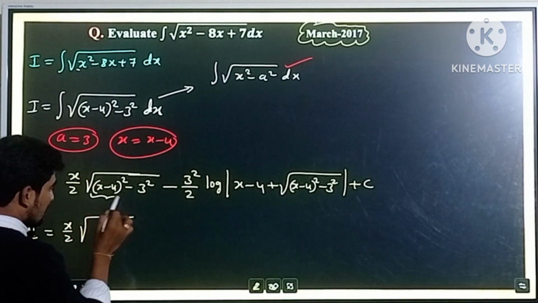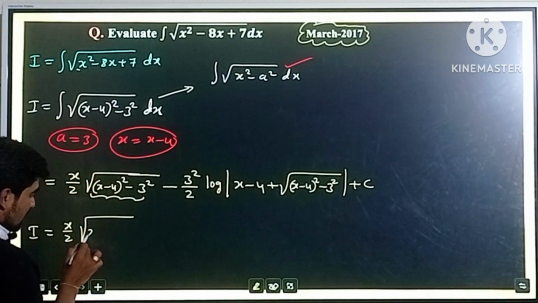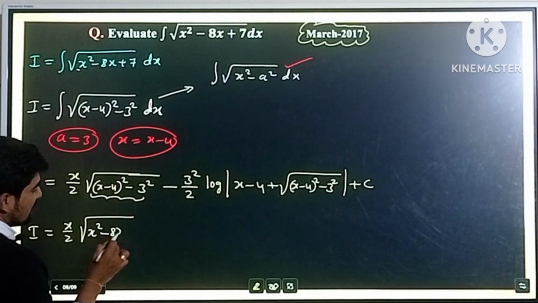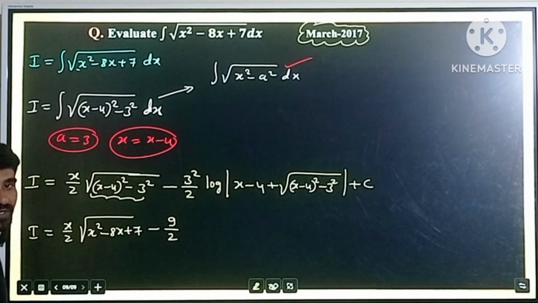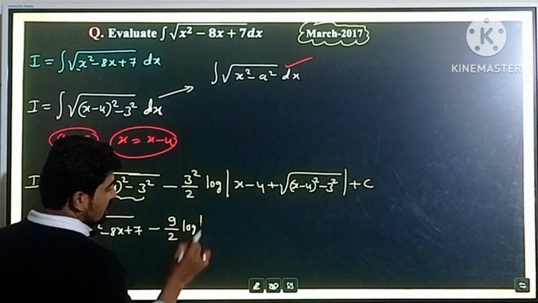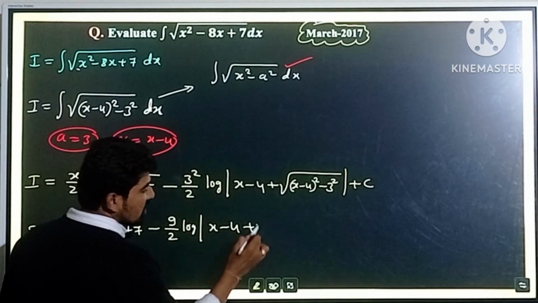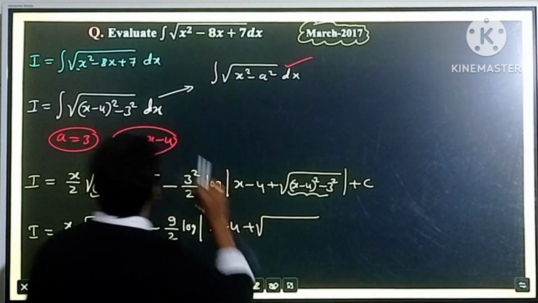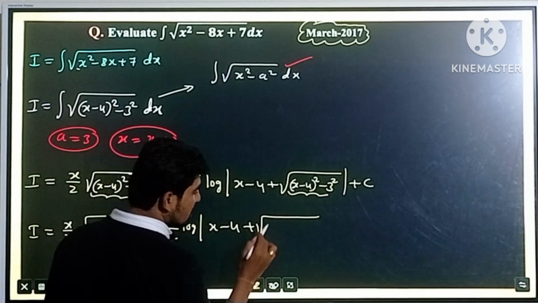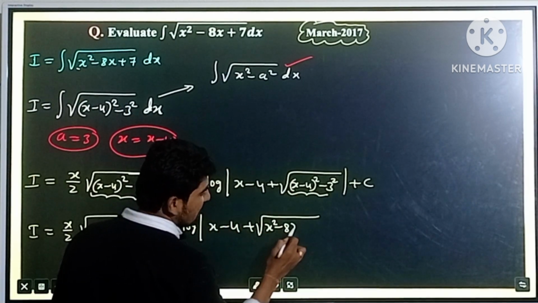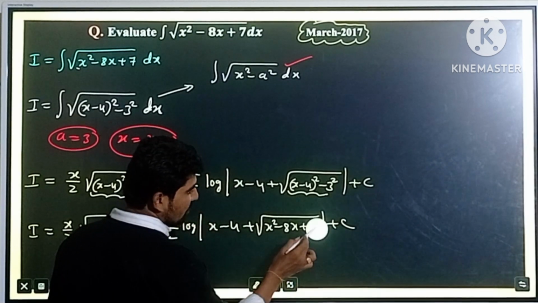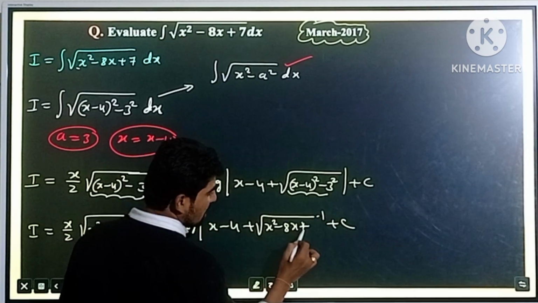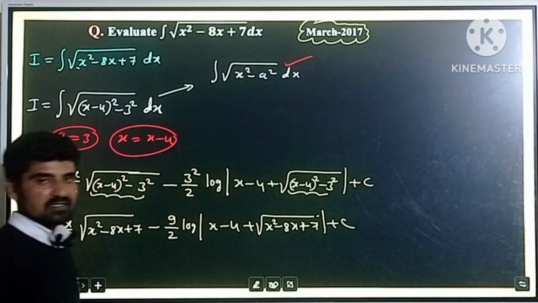So I equals x minus 4 by 2 into the square root of x square minus 8x plus 7, minus 9 by 2 into log of x minus 4 plus the square root of x square minus 8x plus 7, plus c is the answer.